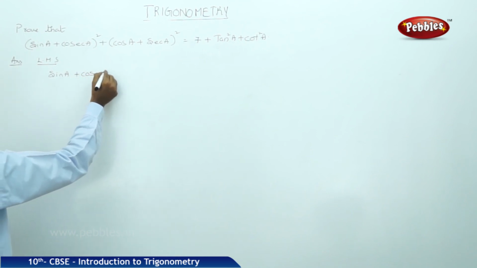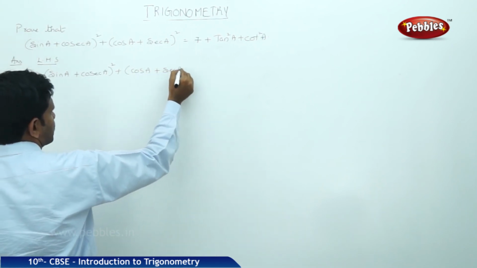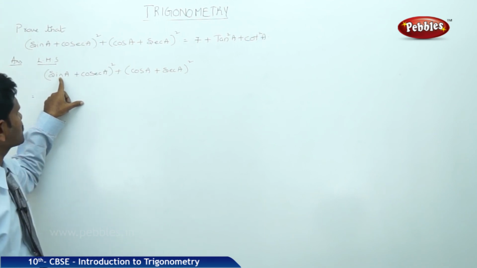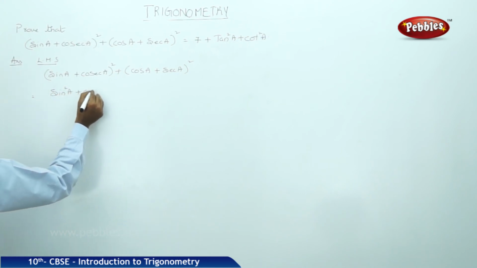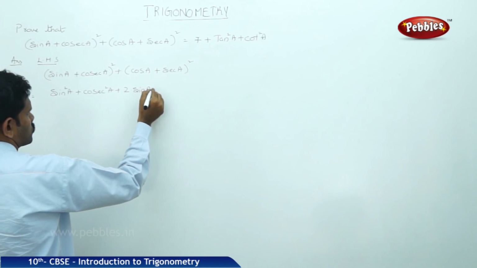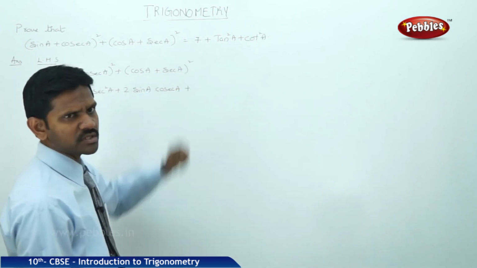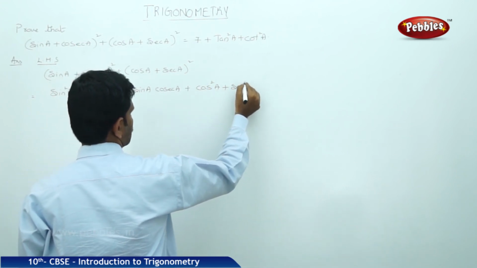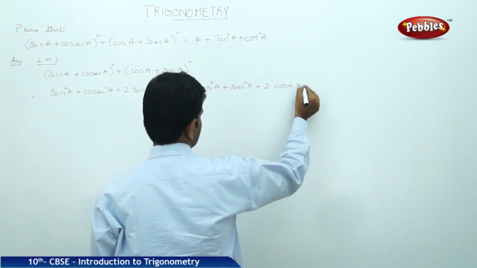Sin A plus cosec A whole square plus cos A plus secant A whole square, that is equal to the (a plus b) whole square form, that is a square plus b square plus 2ab, 2 sin A into cosec A, plus again (a plus b) whole square, that is cos square A plus secant square A plus 2 cos A into secant A.